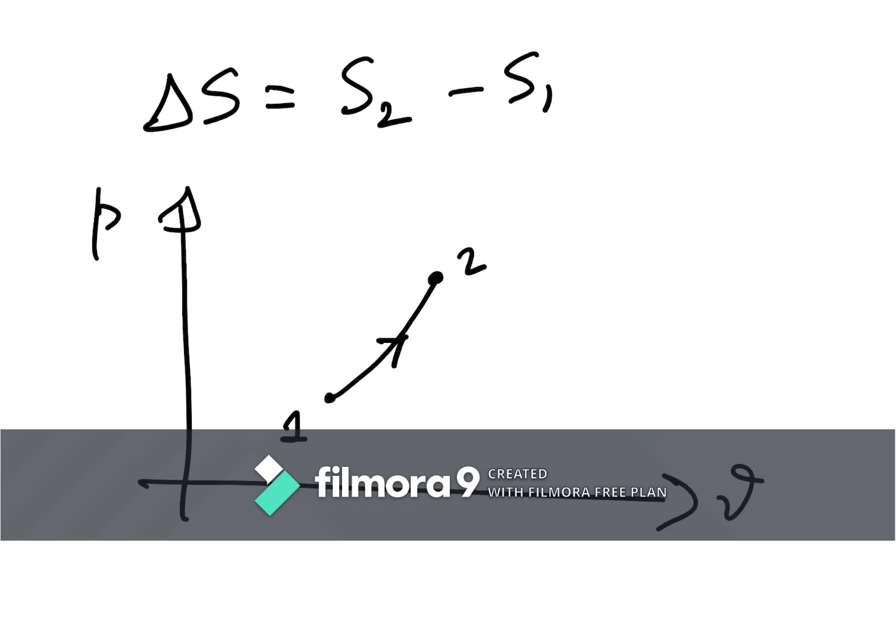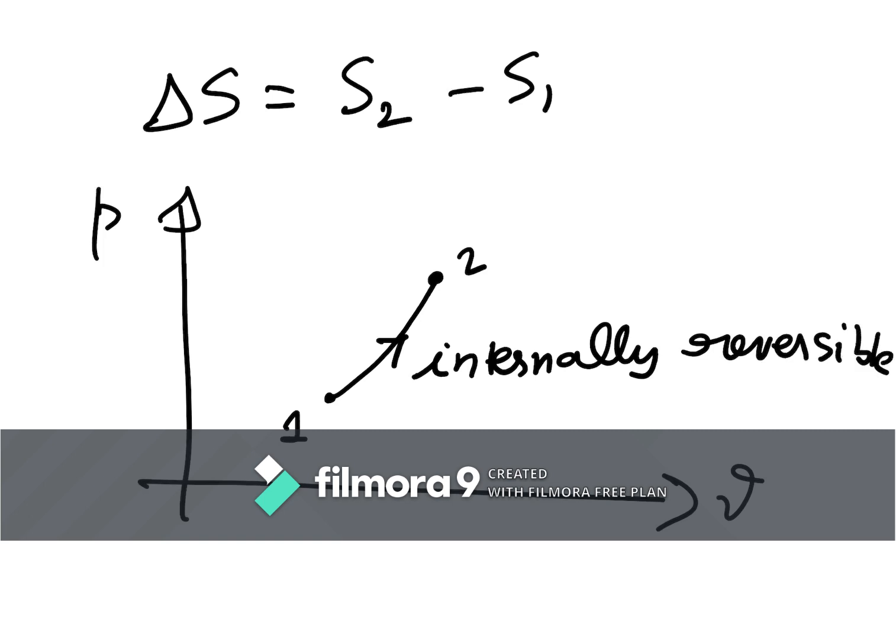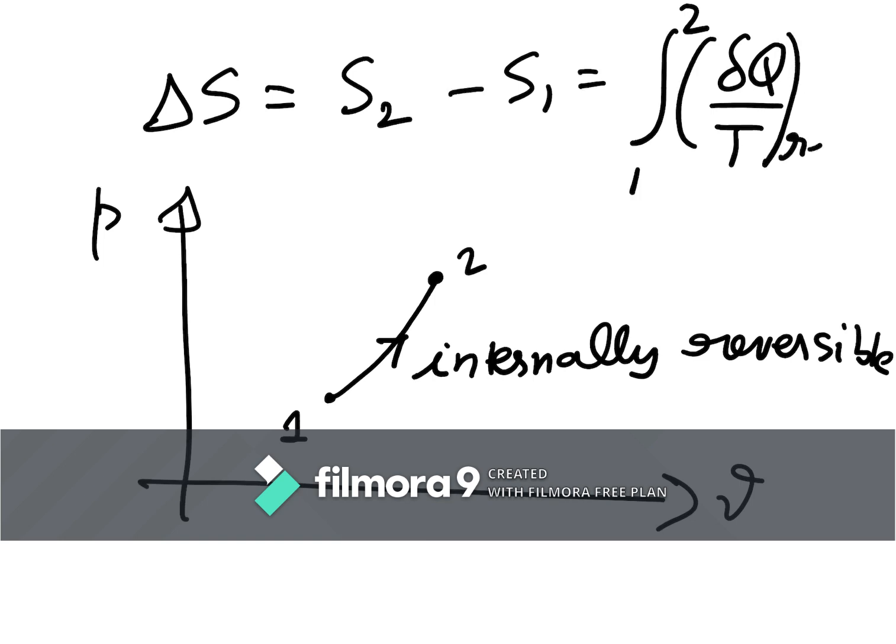If this process were to be internally reversible, delta S, which is S2 minus S1, is the integral from 1 to 2 of delta Q over T reversible.